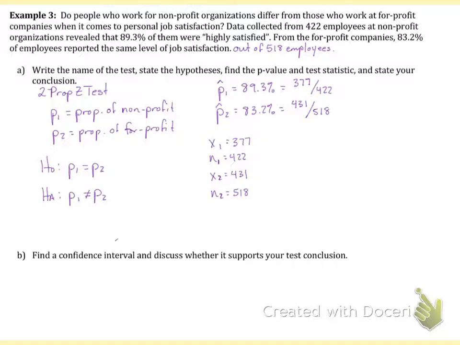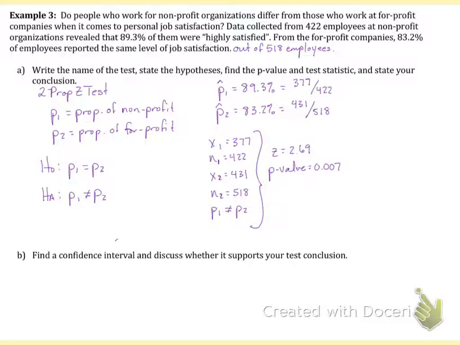And then we're looking to see if P1 does not equal P2. So let me put those in my calculator quick. And when we run this test, we get a test statistic of z equal to 2.69, which is pretty unusual, and a p-value of 0.007.